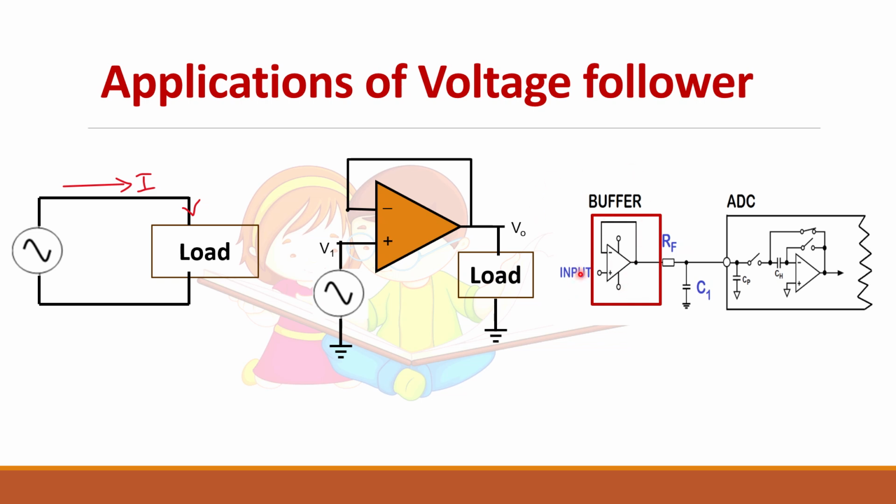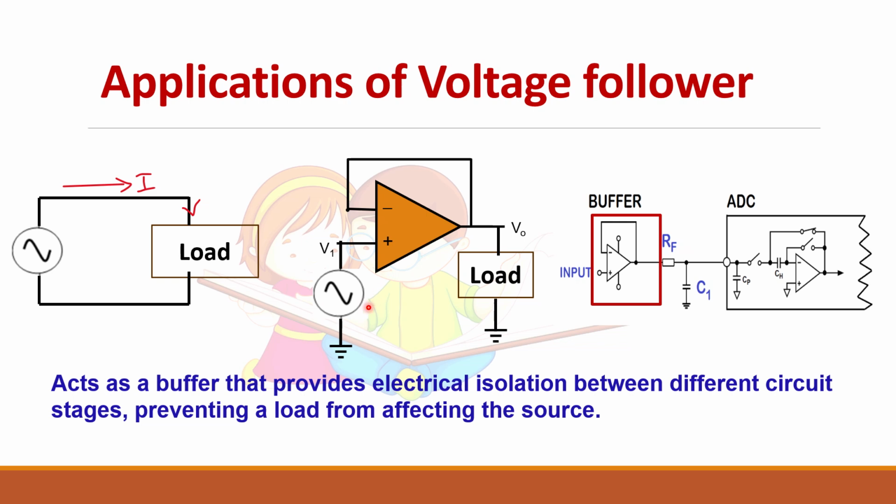Here the input will be the output of the sensor, which you are giving to an op-amp connected in voltage follower configuration. Now this op-amp will not draw any current from the source or the sensor because it has high input impedance. Similarly, it can drive the ADC easily because it has low output impedance.